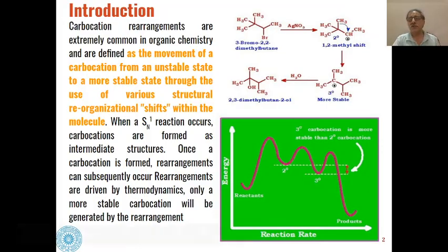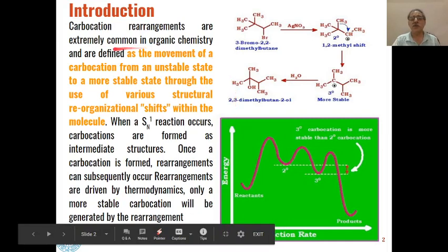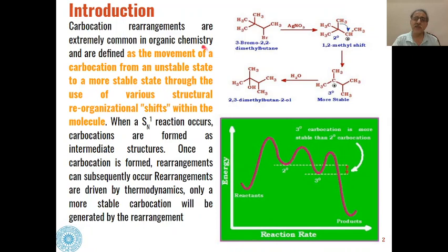Carbocation rearrangements are extremely common in organic chemistry, and these are defined as the movement of a carbocation from an unstable state to a more stable state by using various structural reorganization shifts within the molecule.